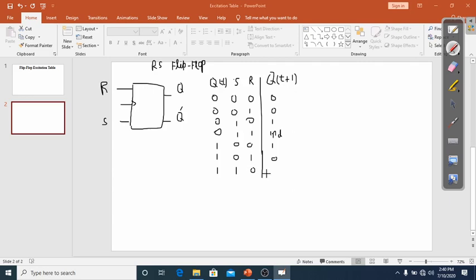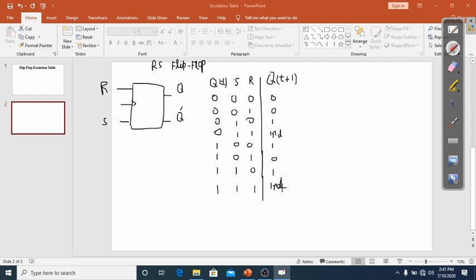In this case, the next state will remain equal to 1. When the present state is equal to 1, set is equal to 1, reset is equal to 1, the next state would be indeterminate. So we will not use reset and set simultaneously equal to 1. So this is the truth table.